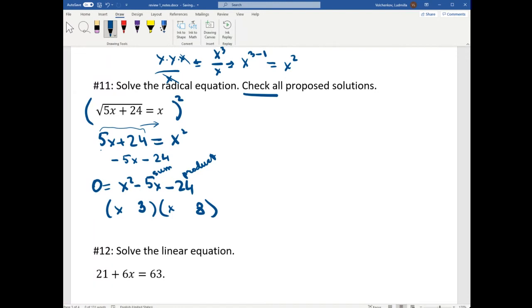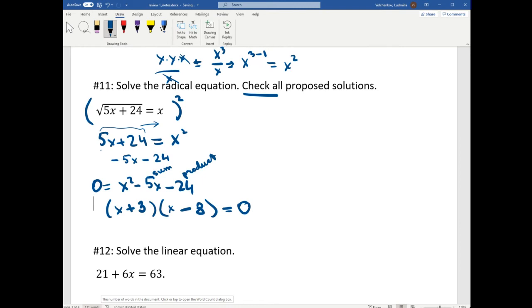The product is negative 24, which means they have different signs. Good. Then the sum must be negative 5. So here must be minus and here must be plus. So x plus 3 and x minus 8 equals 0.